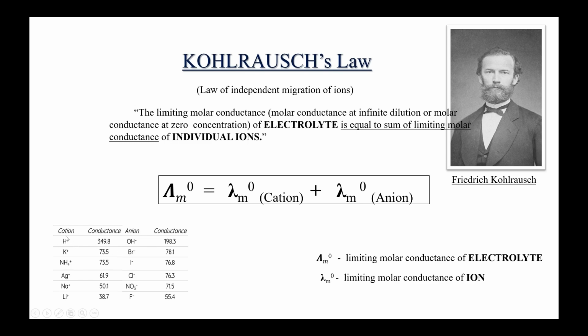Whether this H plus ion is coming from a weak electrolyte or strong electrolyte, it is not going to affect the contribution of H plus ions. Similarly, K plus is having limiting molar ionic conductance of 73.5. With respect to anion, OH minus is also having the limiting molar ionic conductance of 198.3 Siemens centimeter square per mole.